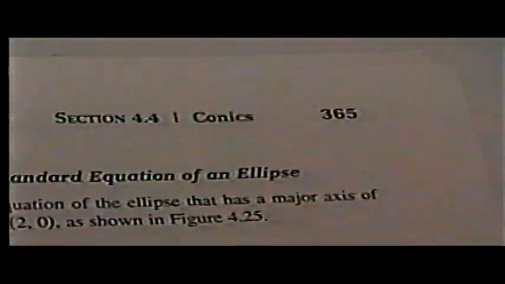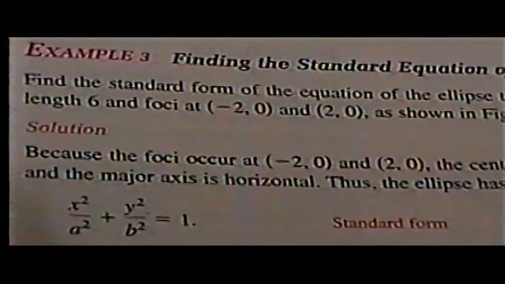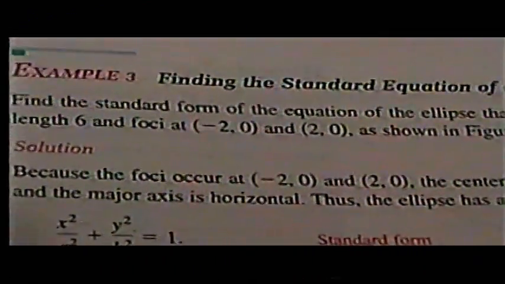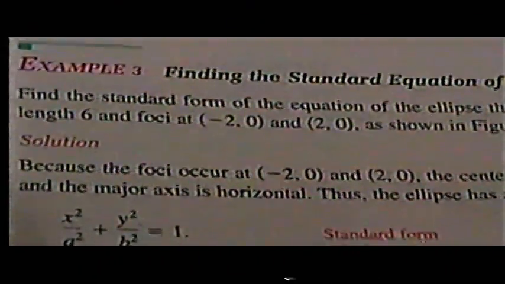Example 3 here on page 365, finding the standard equation of an ellipse. Find the standard form of the equation of the ellipse that has a major axis of length 6. Half of that length gives you the major radius.